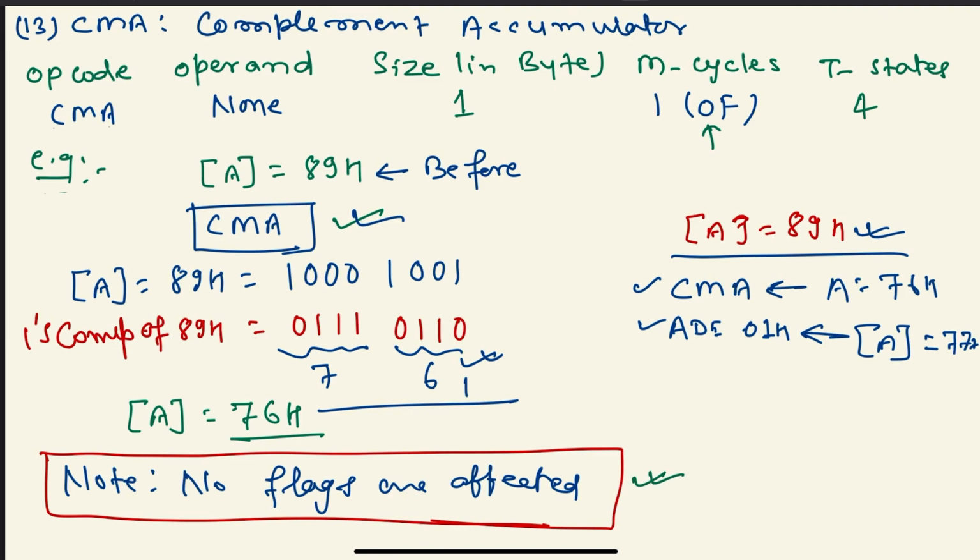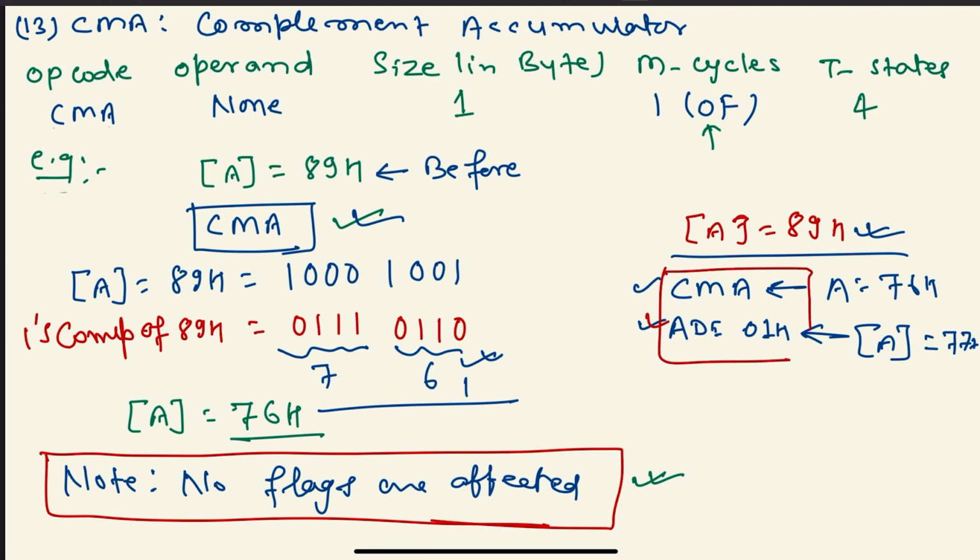Here you need to keep in mind that there is no operand separately mentioned for this instruction. By default the accumulator content is the operand. CMA finds the 1's complement. If you want to find the 2's complement, then we have to use another extra instruction, ADI 01H.